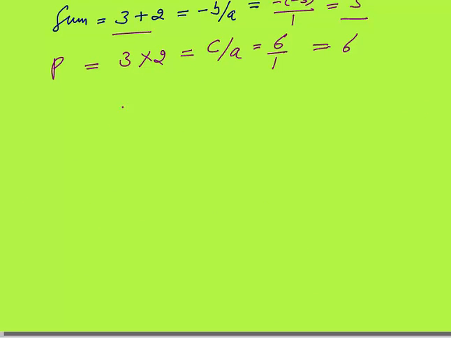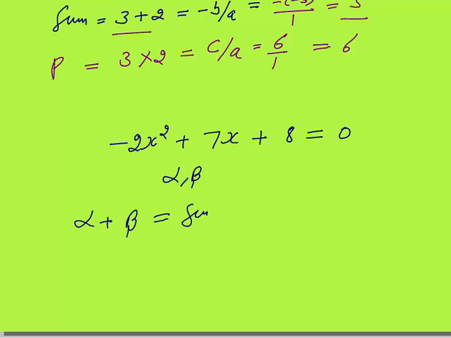Another example I am taking, let's say equation is minus 2x square plus 7x plus 8 equals to 0. This is the equation given to you. Let's say alpha and beta are the roots of this equation. We can straight away find the sum of the roots. Alpha plus beta, sum of the roots will be equals to minus b by a.